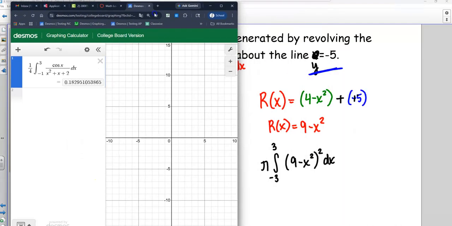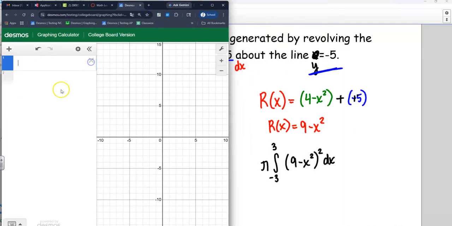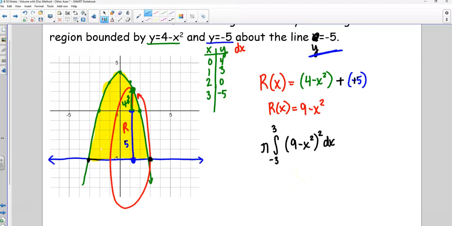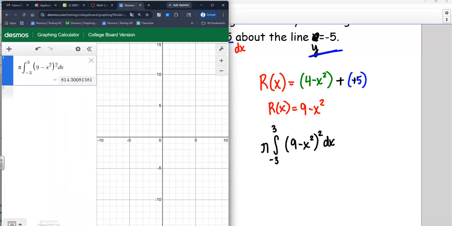If I'm looking for a number, if I want the decimal, I can get 814.301.